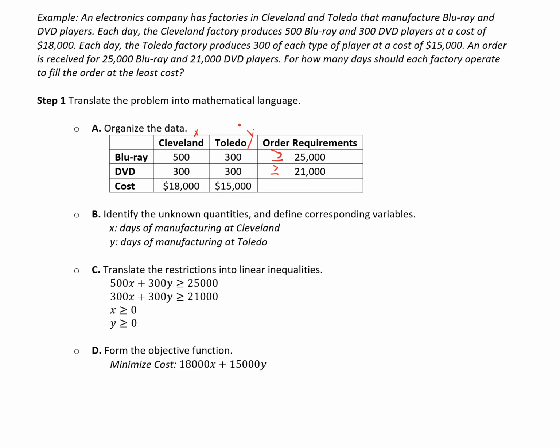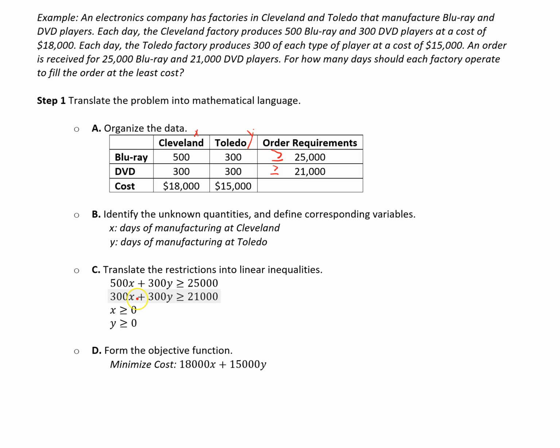So based on part A and B, I write my linear inequalities. 500 Blu-ray a day times the number of days at Cleveland plus 300 Blu-rays per day times Y, the number of days at Toledo, has to be greater than or equal to 25,000.